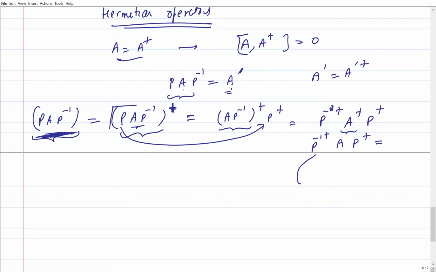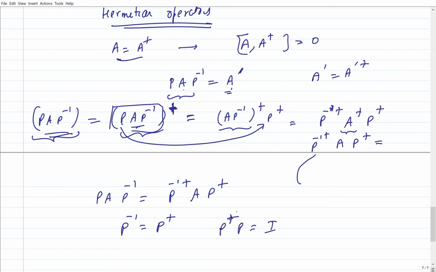So this matrix taken dagger should be equal to this particular matrix. So I have P inverse A P equals P inverse dagger A P dagger. And one of the ways to satisfy this is when P inverse is equal to P dagger, or P dagger P equals I. But the bottom line is that this is when P is a unitary matrix.